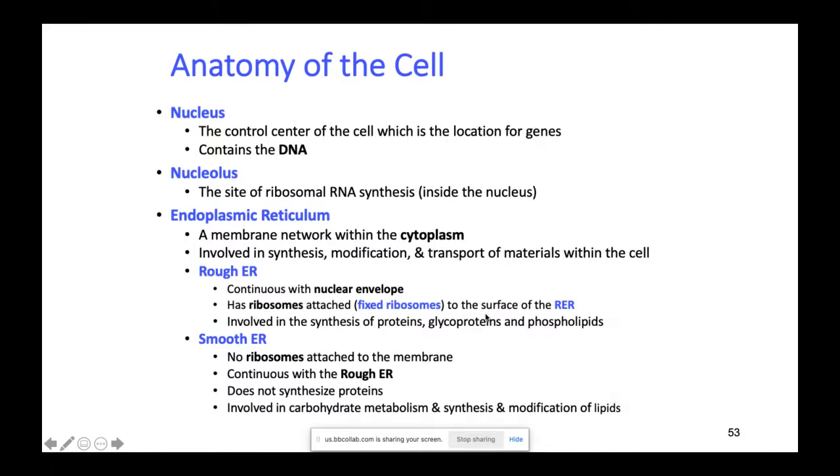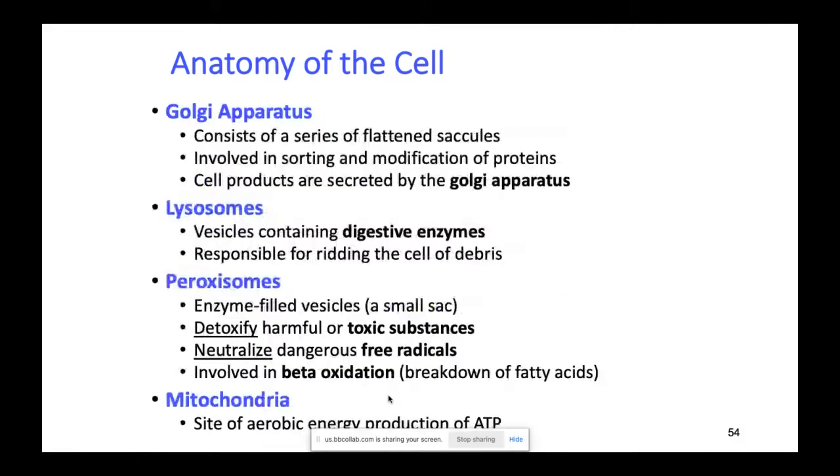And it's involved in the synthesis of proteins, glycoproteins, and phospholipids. The smooth endoplasmic reticulum has no ribosomes at all. Okay, it doesn't synthesize proteins, but it's involved in carbohydrate metabolism and synthesis, as well as modifying lipids or fats.